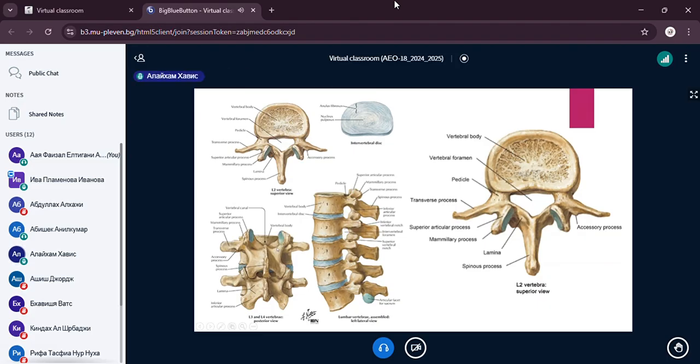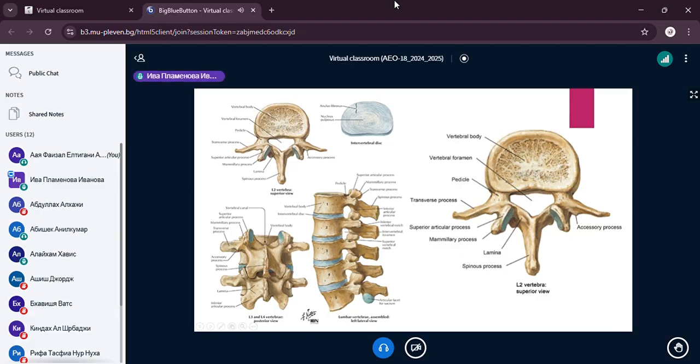You can read here. This one and this one. We have two articular processes, one superior and one inferior. Next to the superior articular process, we can see the mammillary process.